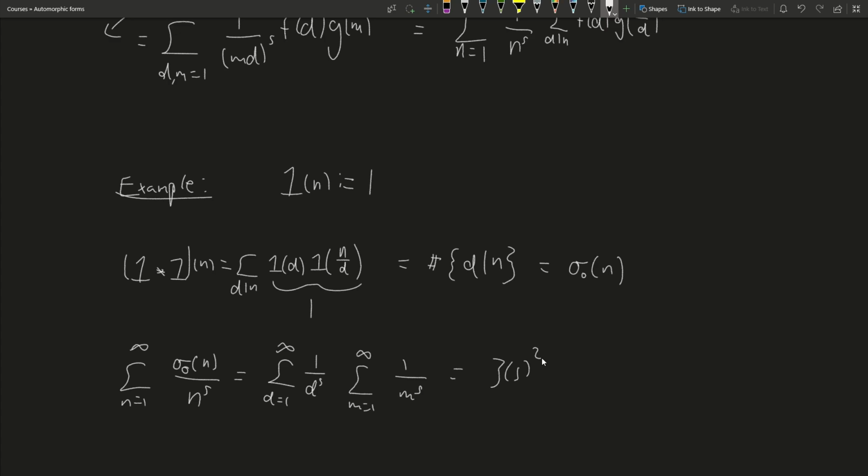Previously, we figured this out using some Euler product, but you can also go about it this way if you prefer.